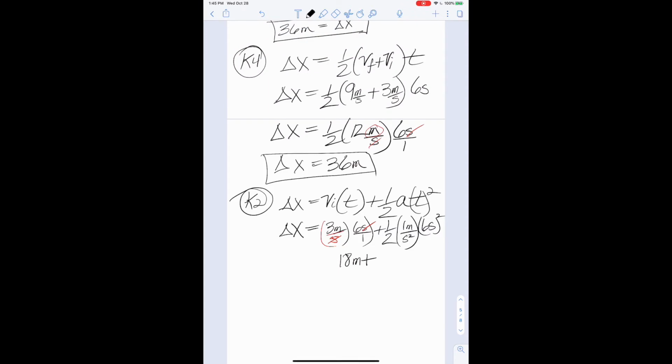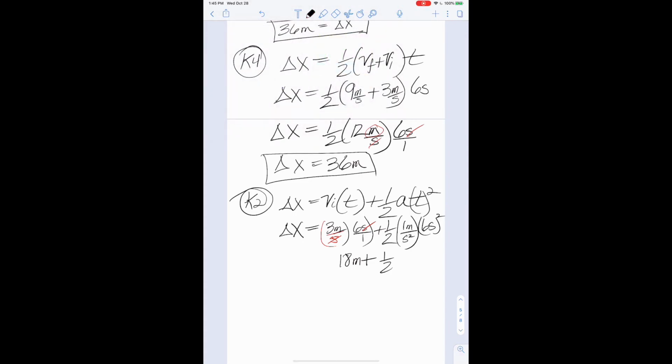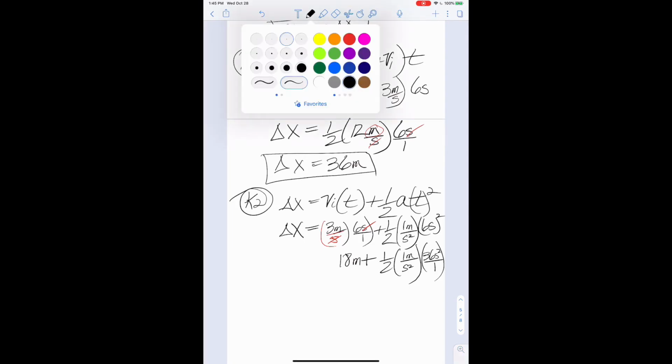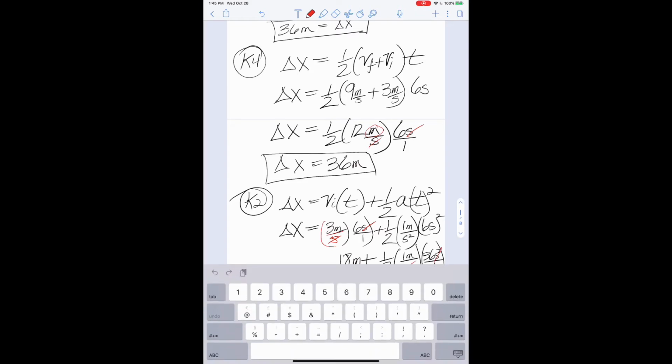Plus, over here, let's finish multiplying here, right? 1/2 times 1 meter per second squared times 36 seconds squared over 1. All right, so now you can see what cancels for unit. Seconds squared cancels seconds squared.